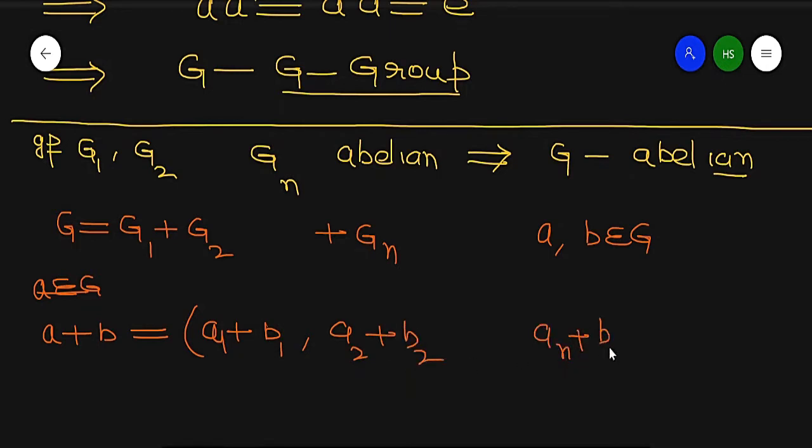So here the binary composition is plus. If the binary composition is plus, it is an external direct sum. If the binary composition is multiplication, then it is called an external direct product.